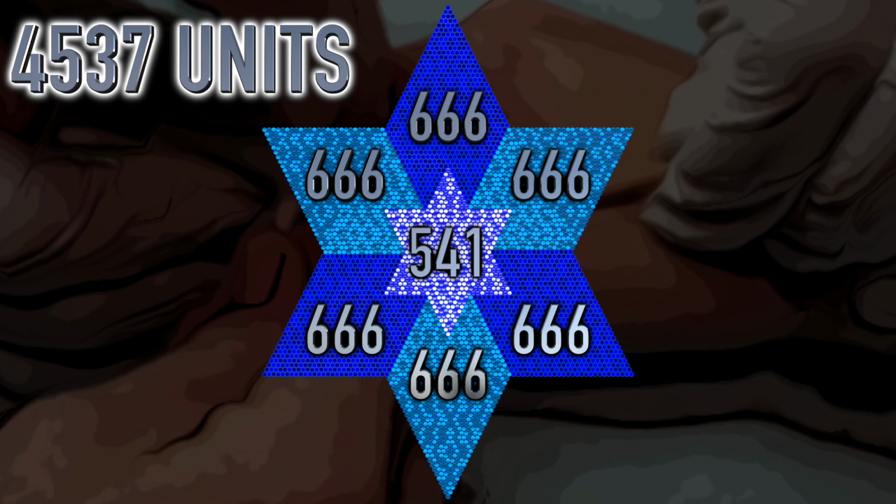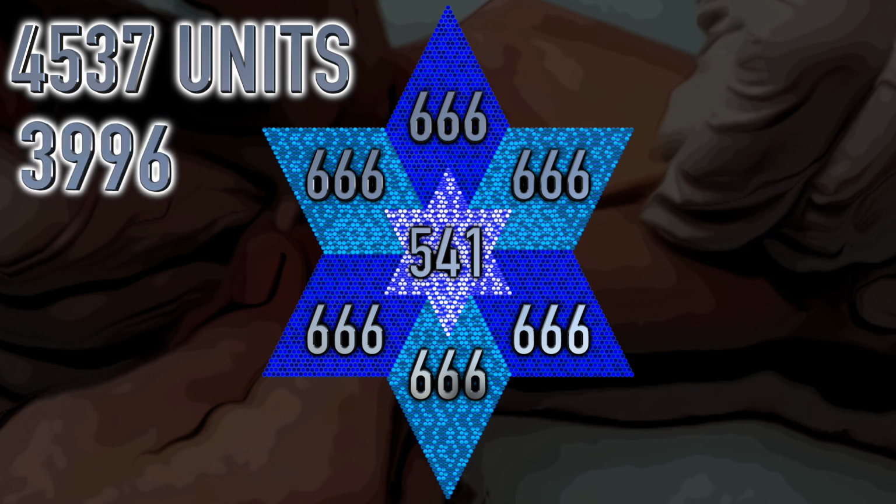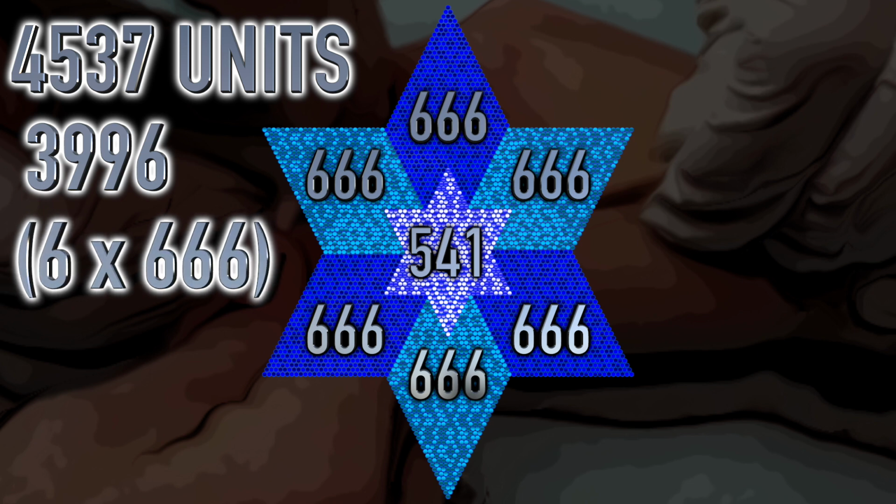Each clipped diamond has 666 units in total. This means that the number 3996 can be injected into these 6 locations, since it has the factors 6 times 666.